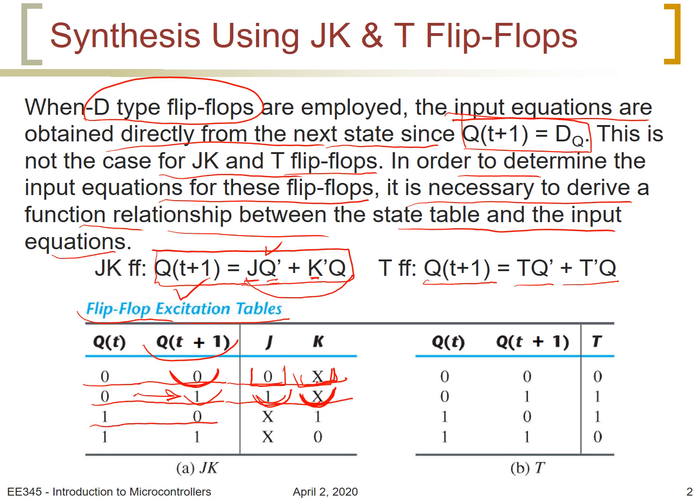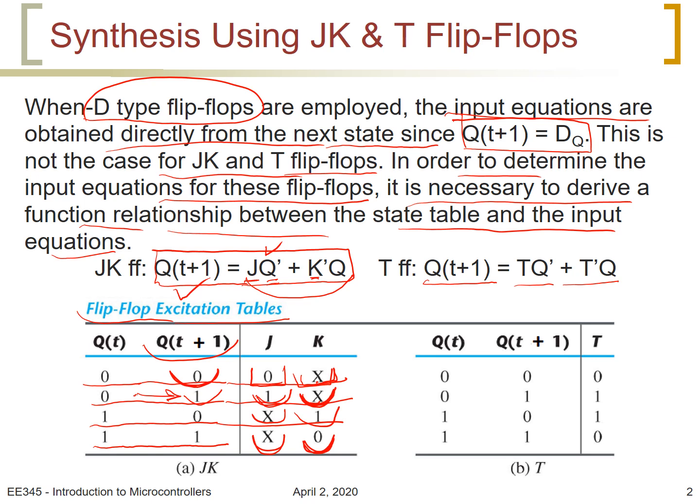If Q of t was 1 and Q of t plus 1 is 0, K must be 1 and J don't care. And finally, if Q of t and Q of t plus 1 are both 1s, K must remain 0 and J don't care. That is for the JK flip-flop.